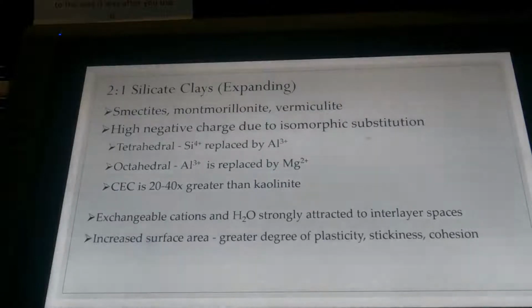You'll need to know that in the octahedral, aluminum can be replaced by magnesium, and that will cause an overall change in the structure and the charge. And so here's the easy clue. Here's the easy clue for this. When you see something with a high CEC, it's not kaolinite.